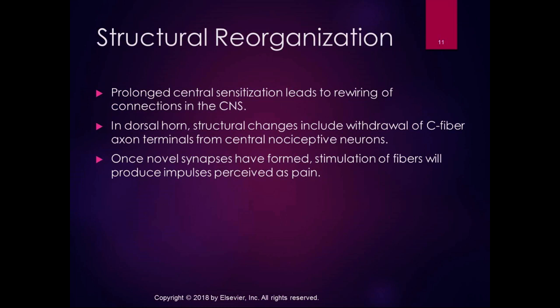Now you're going to form new synapses from fibers that produce impulses that are now going to be perceived as pain. So maybe you're going to take some of those A beta impulses from light touch and some of those other things, and they're going to synapse with those central neurons that used to be connected to the C fibers, and now even mild sensation is going to be perceived as pain. So that's the structural reorganization part of it.